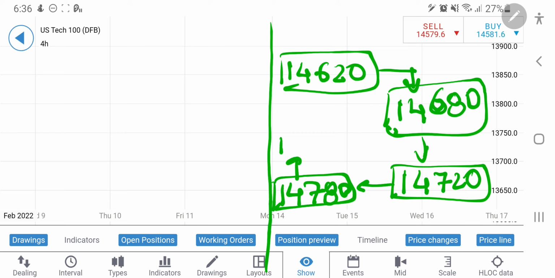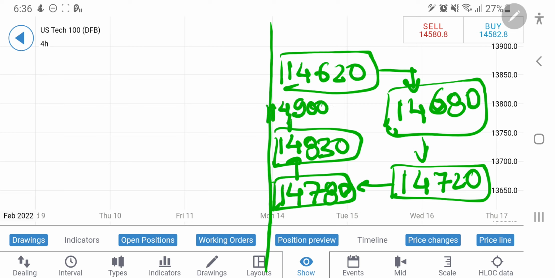These two levels can in fact be achieved if it trades beyond the 14,680 level. Then only beyond 14,830 I will expect it to hit 14,900 and 14,950.